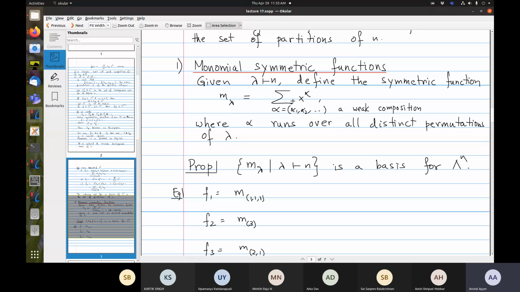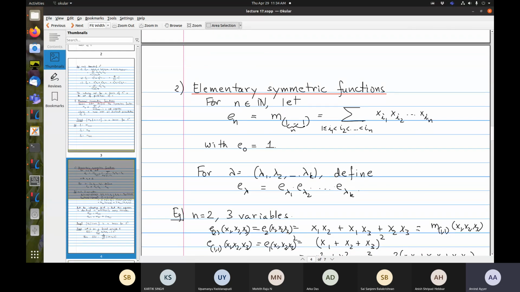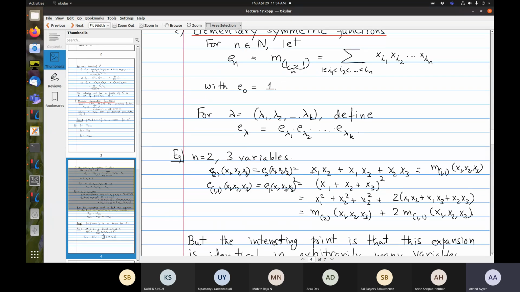The monomial symmetric functions are the first one. You take a monomial in many variables, and then you apply all possible permutations to get the symmetric function. So m lambda is the notation for the monomial symmetric functions. Then I talked about elementary symmetric functions, where every variable has degree at most 1, and if it's of degree n, then you get e_n, and then e lambda you get by taking products over the e lambda i's.